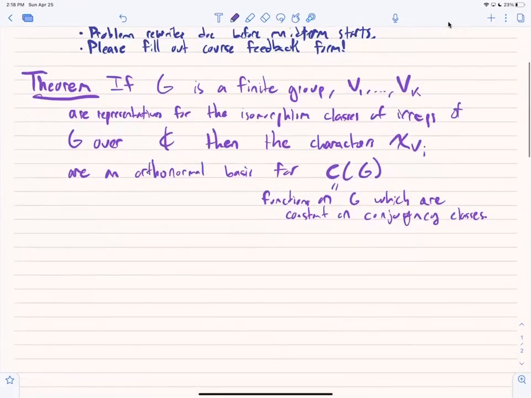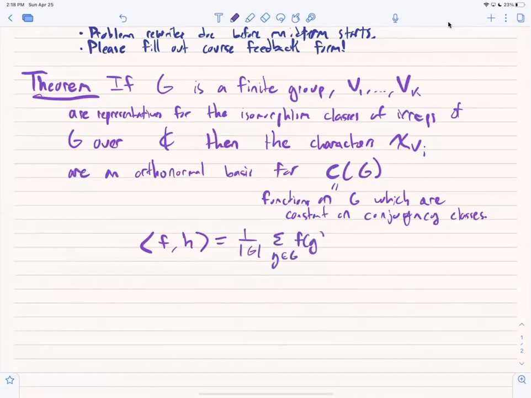Recall the inner product on here was, if I had two functions f and h, then their inner product was one over the order of G, and then I sum up over all the elements of G, the value of f on g times the value of h on g, complex conjugate.